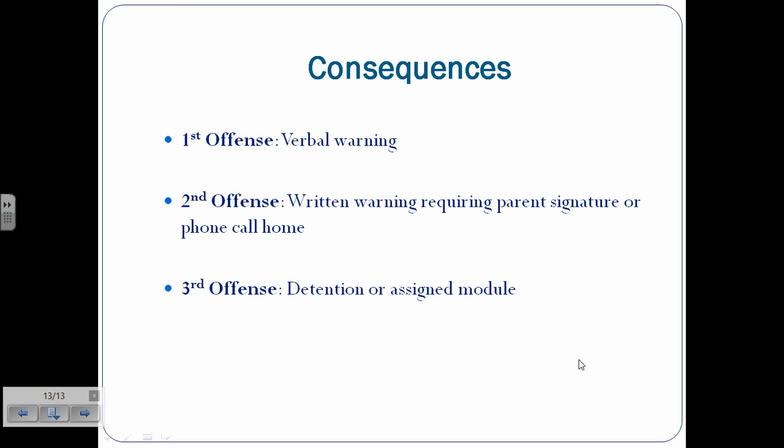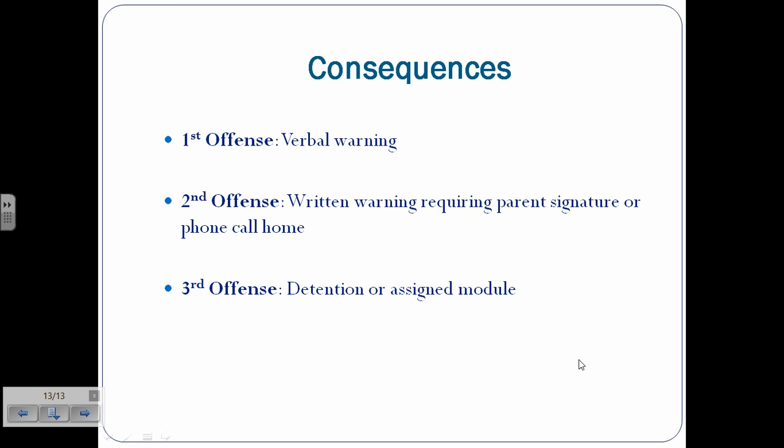This is what will happen if you choose to violate one of the classroom rules. I must say that in some cases there are events that happen that result in consequences that you may feel are unfair. I want you to be able to tell me that, but it's important that you are able to do that in a positive and effective way. I suggest that you begin by stating that I'm not sure that's fair, and then present your case.